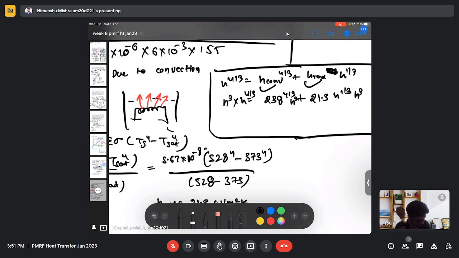So it will vanish h here, but the h cube will again appear here, and there will be an h here also. So it doesn't make much difference. So we need to guess the value of h here. By using trial and error, we will get h. Let's say my approximate value of h will be 254 watt per meter square Kelvin.